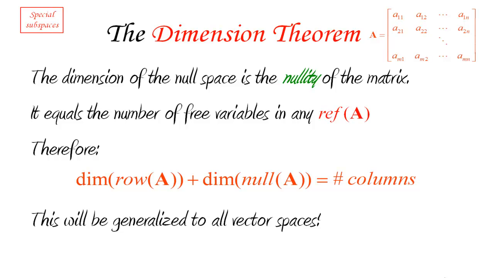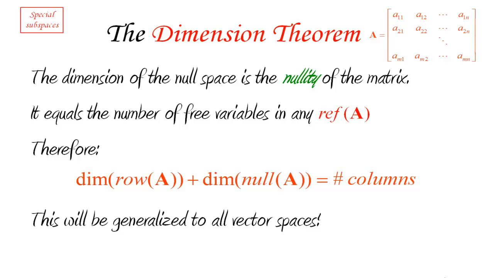Notice this is only true for the subspaces that come from looking at the row space, the column space, and the null space of a matrix. So it's very much restricted to Euclidean vectors, but we can actually extend it. We'll have to do a little bit of construction and generalization to do that, but it can be extended to all vector spaces.